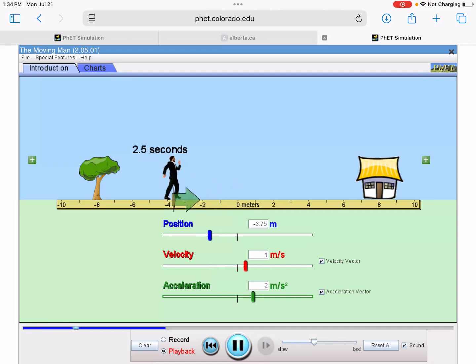So all that's happening there is that his velocity is changing by positive 2 meters per second each second. That takes him from a velocity of negative 4 meters per second to negative 2 meters per second to 0 meters per second to positive 2 to positive 4 to positive 6. And he keeps going like that until his acceleration changes again.